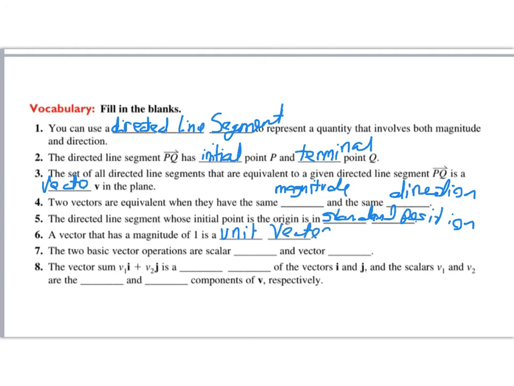Number 7, the answer is multiplication and addition, so scalar multiplication, and this is addition. And number 8 is your linear combination. And horizontal and vertical. Okay, you're done.